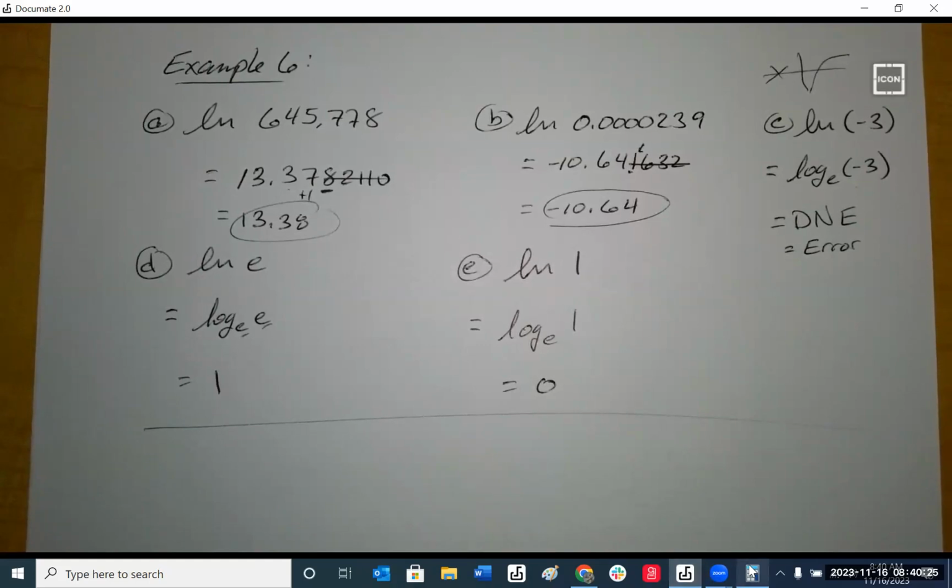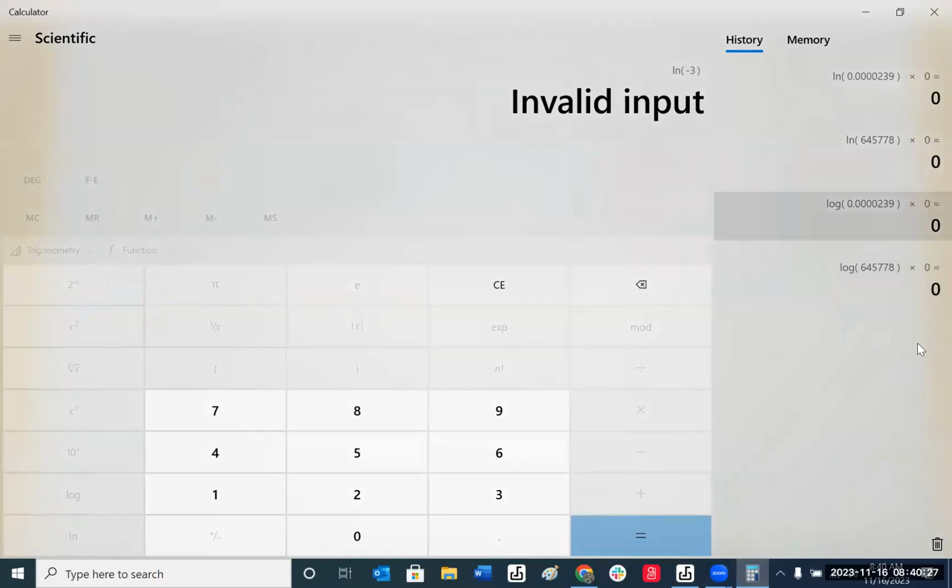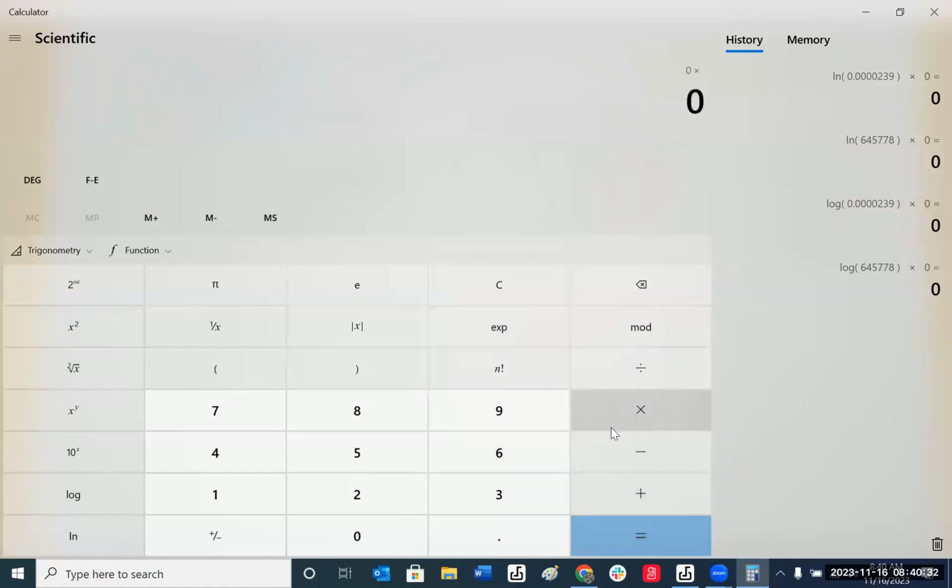Okay, notice on this calculator, and all calculators thereabouts, you only have log and ln. We don't have log base 5 or log base 3 or log base anything else.